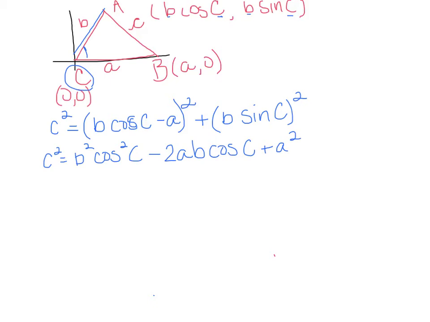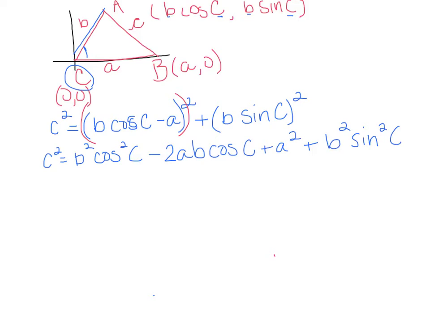So all I've done at this point is square this part of it. Now I have to square the other part. For that I get plus b squared sine squared of c.